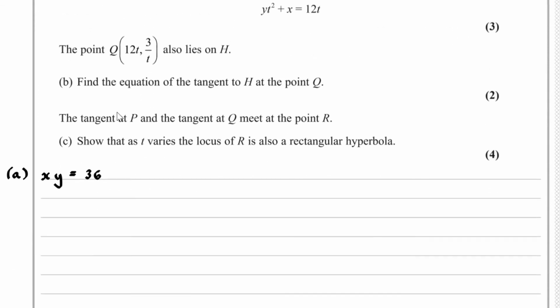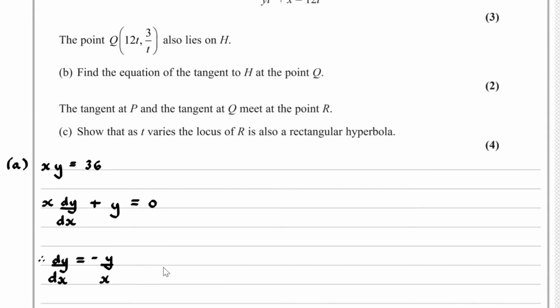First of all, we are given that xy is equal to 36, and if I differentiate implicitly, we will end up with x multiplied by dy over dx plus y equals 0. And therefore, we can see that dy over dx is equal to minus y over x.